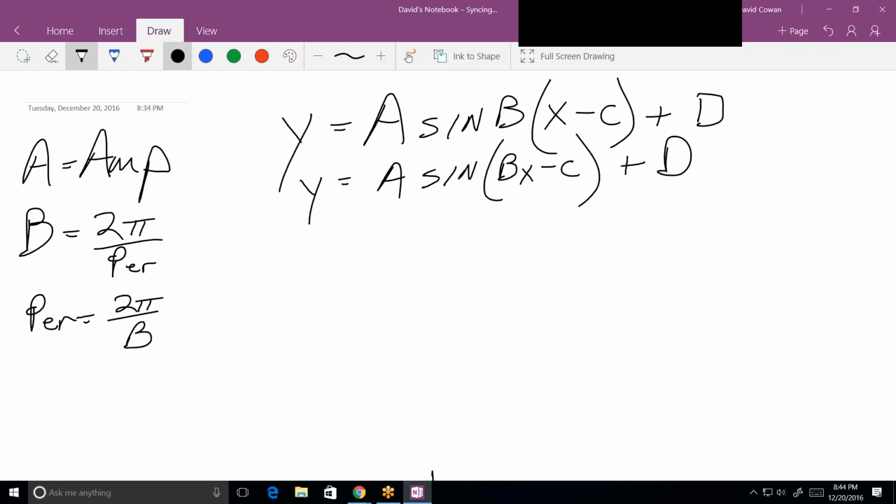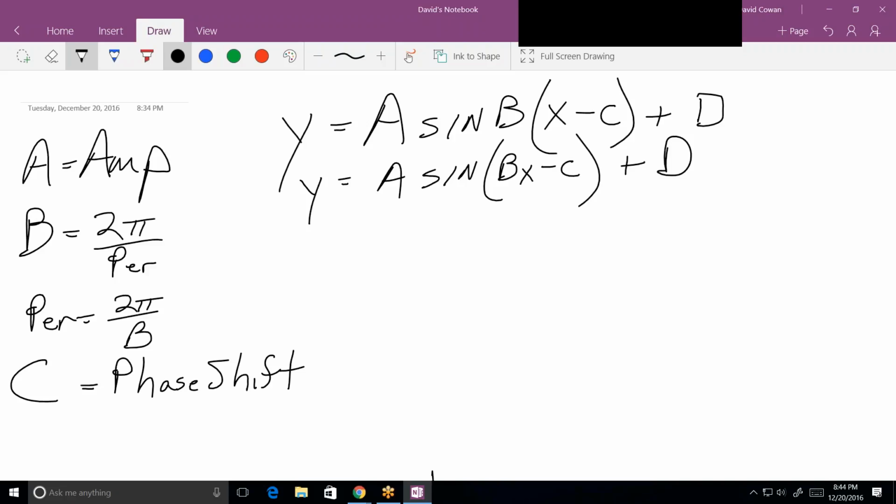C is a horizontal shift. They don't like to call it a horizontal shift. They call it a phase shift. It's the same curve shifted left or right.